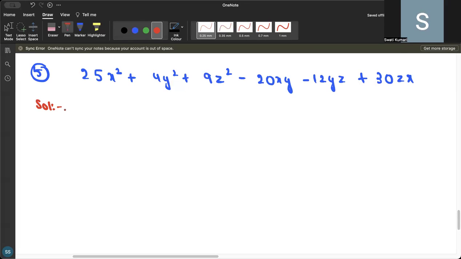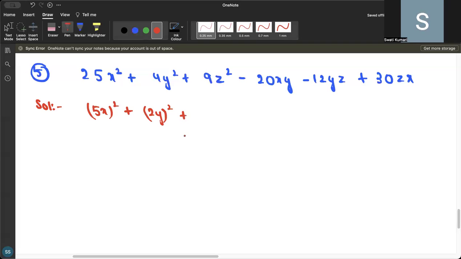First, we can write 25x square as 5x whole square. We can write 4y square as 2y whole square. As a good math student, by looking at 25, 4, and 9, you should quickly understand that it is nothing but 5 square, 2 square, and 3 square.